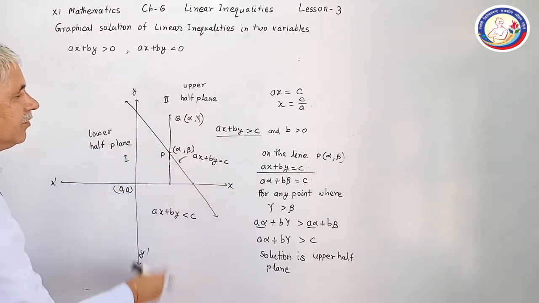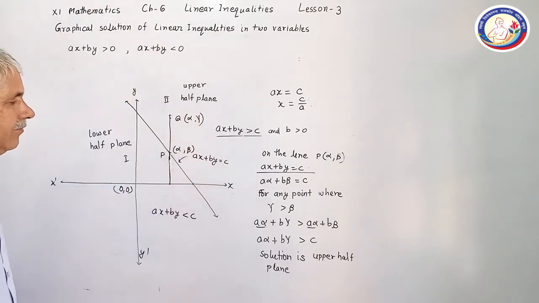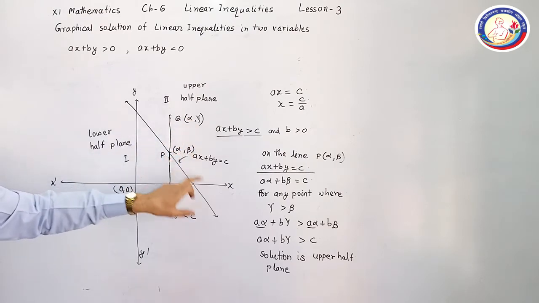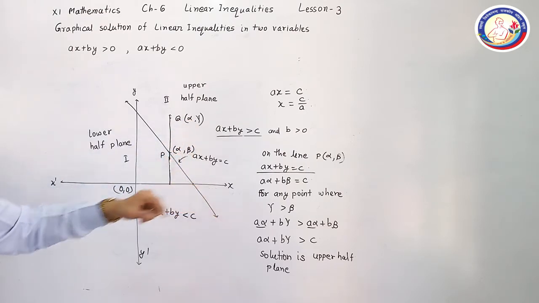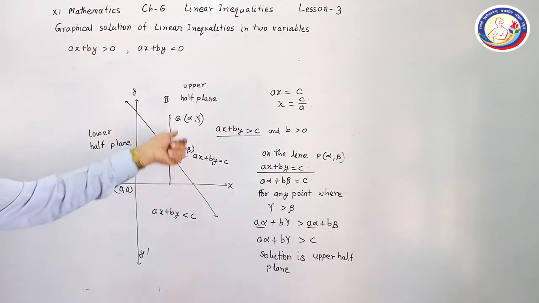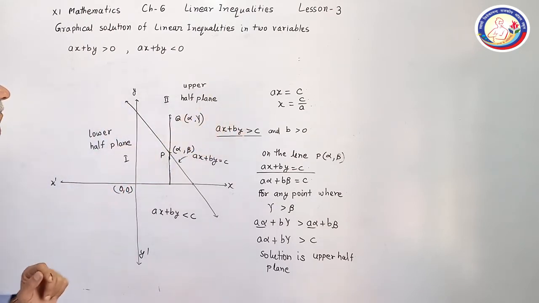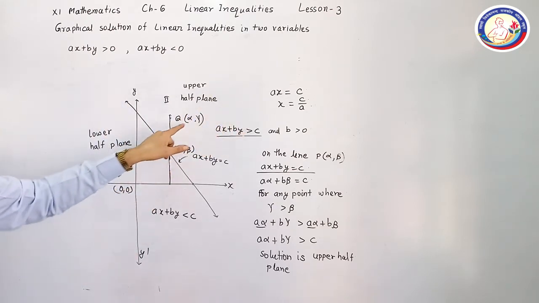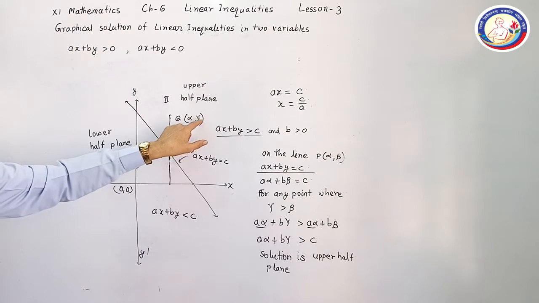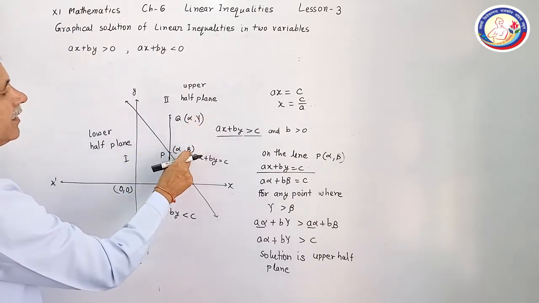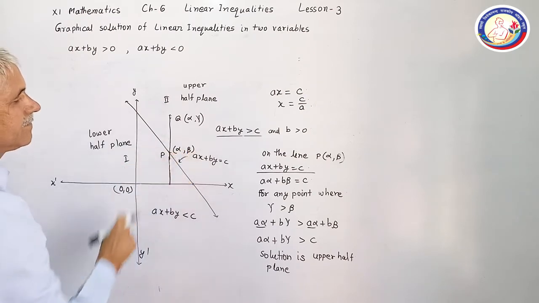Alpha will be the same because on a vertical line, the x coordinate always remains constant in a Cartesian plane. And if the point is above P, in the upper half of the plane on the same line, then gamma will be greater than beta.